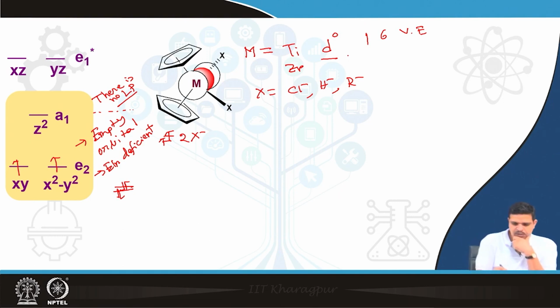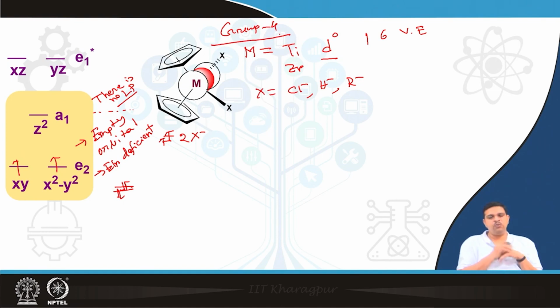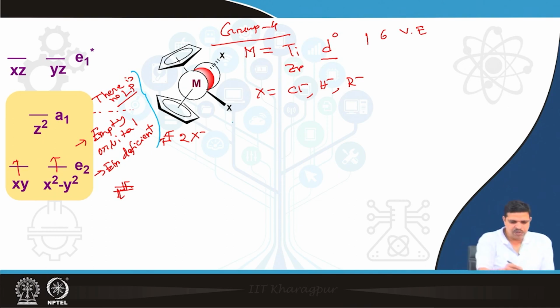So these are the basic properties of the group 4 metals, bent metallocene chemistry, which is quite different in properties and reactivities due to these two reasons. So we'll try to see how it differs from the other bent metallocenes we have discussed so far. Okay, fine. So obviously as there is no lone pair, this acts as a Lewis acid.